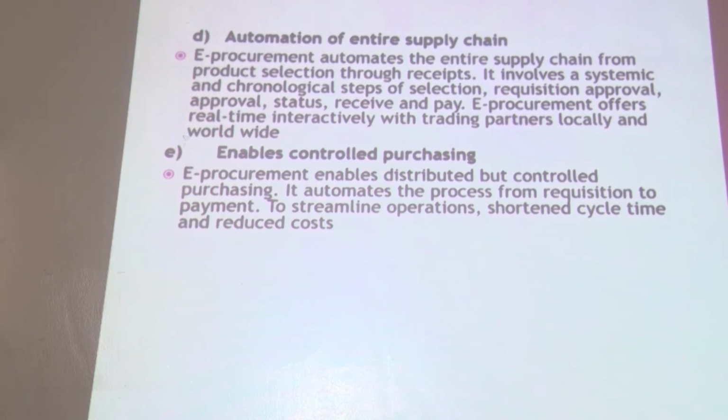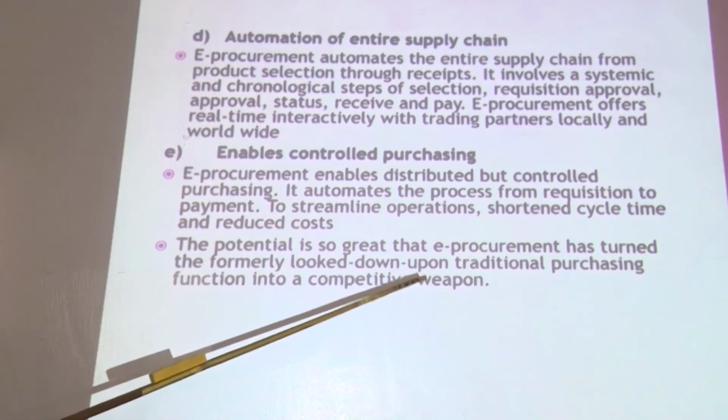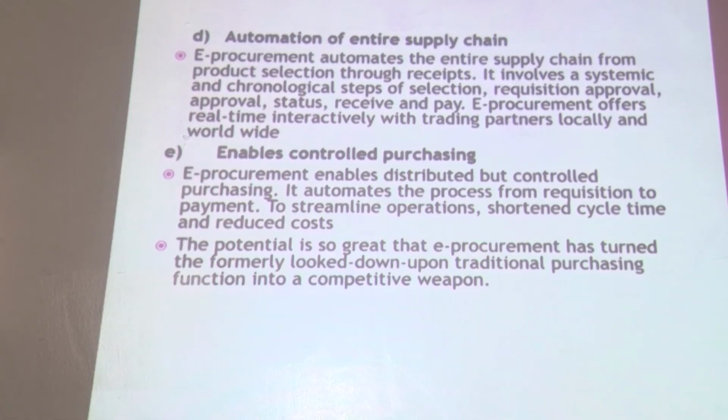And this has enabled the organizations to streamline their operations, basically by shortening their cycle and reducing their cost. It has also led to the potential of e-procurement, which has turned traditional purchasing functions into a competitive weapon. So it has converted the traditional purchasing, and that it has enabled organizations to be able to control their purchasing.